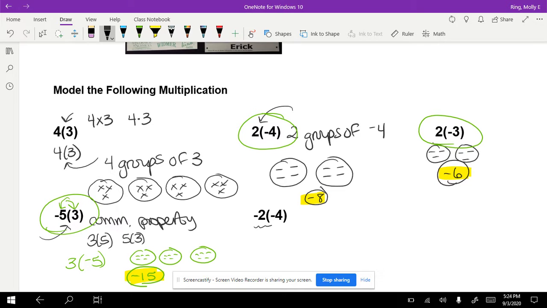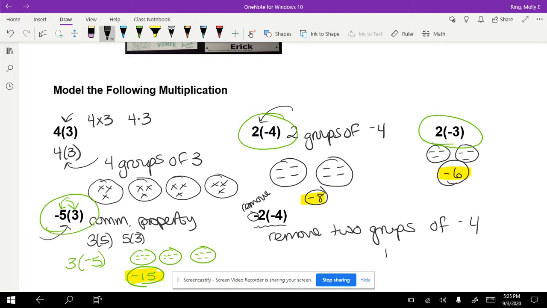If I happen to have 2 negatives, this is slightly harder to model, but you still can. This first negative really means to remove. So if I were to read this properly, I would remove 2 groups of -4.